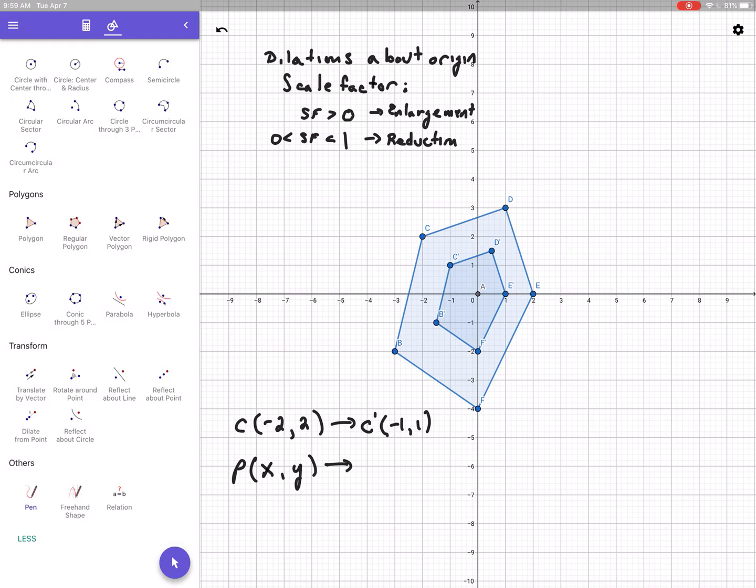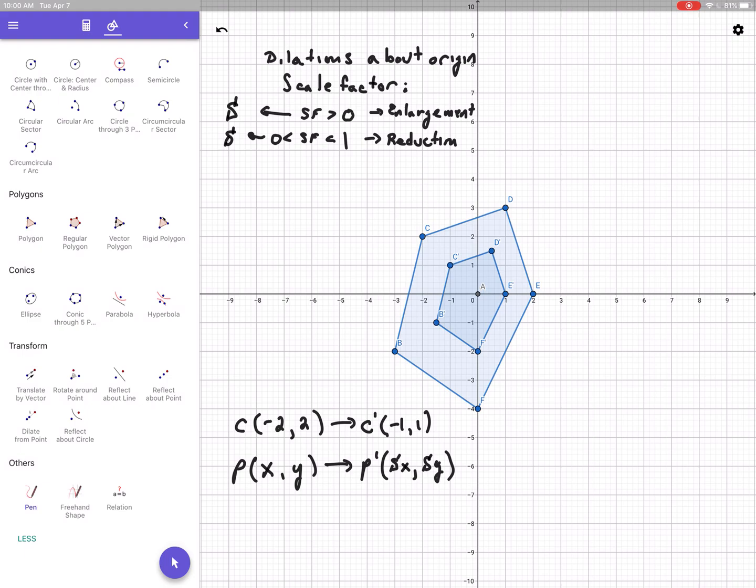And then whatever the scale factor is, and I'm going to call the scale factor S. So that just means that I'm going to take the scale factor times the x coordinate, comma, the scale factor times the y coordinate.